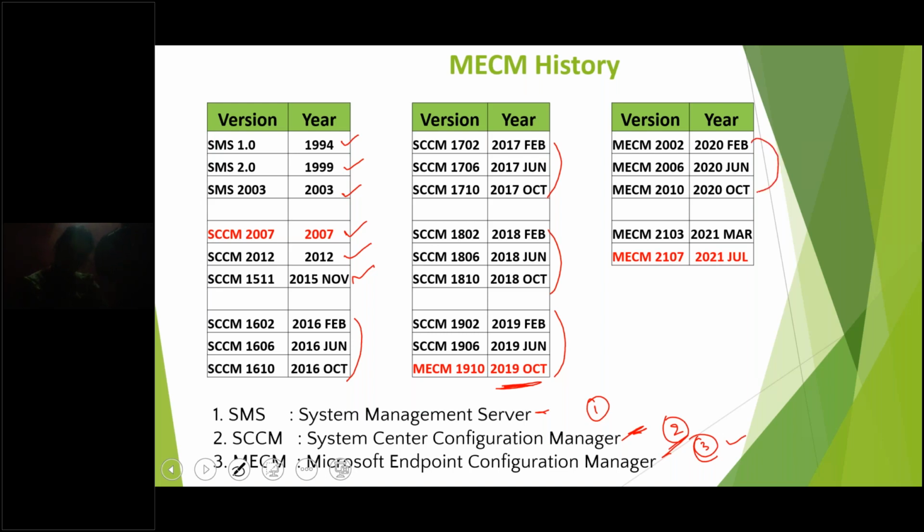Three versions were released in the year 2020, and then in 2021 they released MECM 2111 in the month of November. So MECM 2111 is the latest and greatest version of SCCM at the moment, which you can download and install. It was released in November 2021.